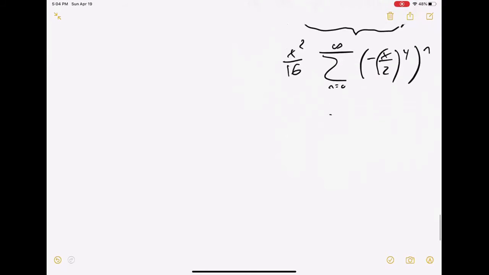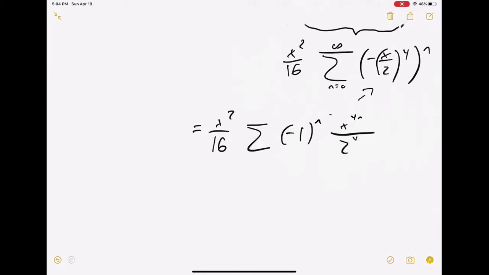Okay. Kind of come back out here to the middle. So now let's just start simplifying this power series. I got my x squared over 16 out front. I got -1 to the n, x to the 4n over 2 to the 4n, right?